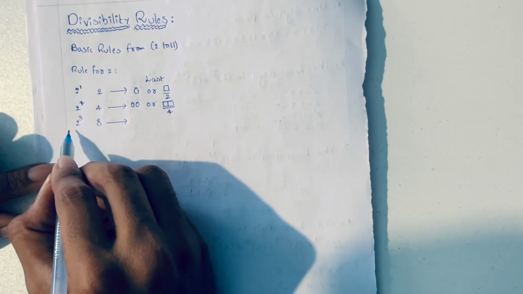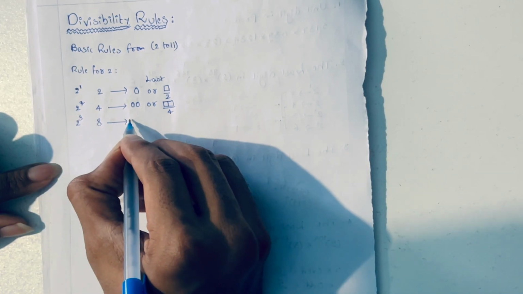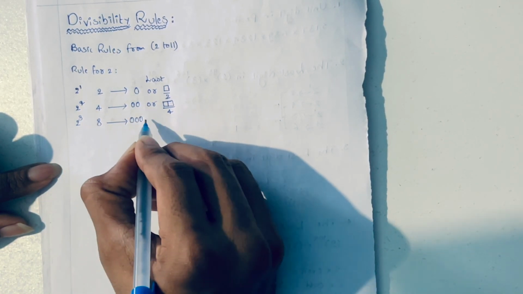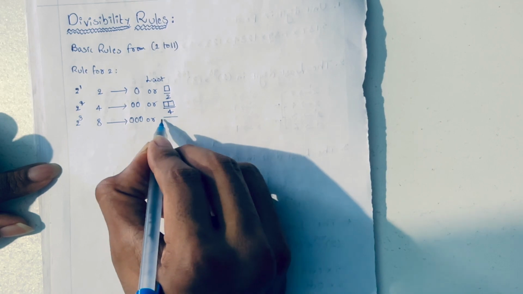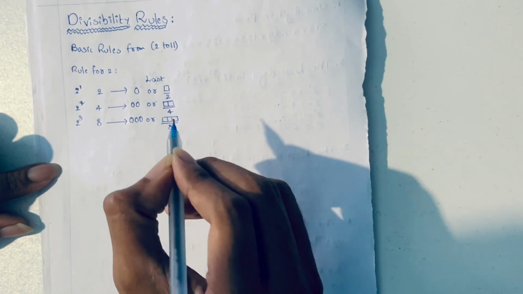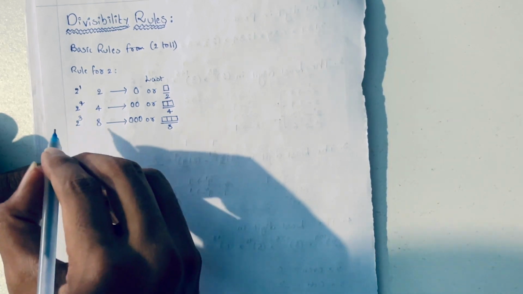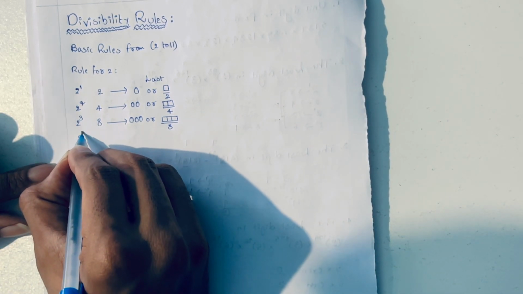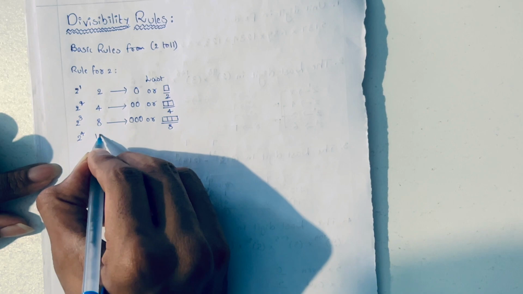Now the 2 is having a power 3, degree 3, so 3 zeros, or the last 3 digits are divisible by 8, that means the whole number is divisible by 8. And we go with 2 power 4, that means 16.